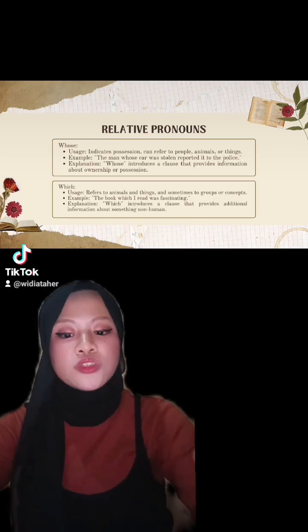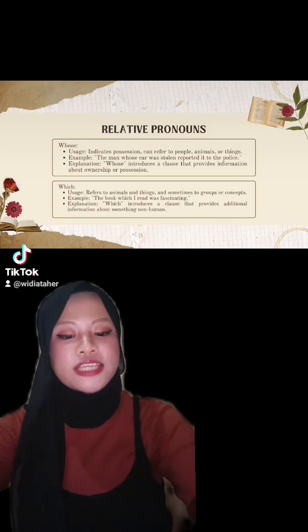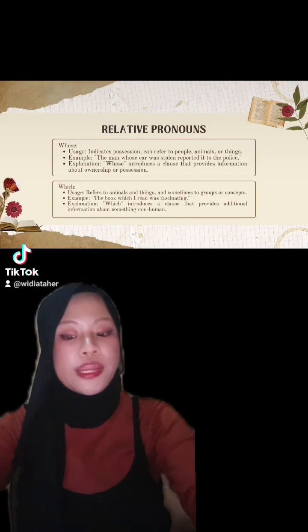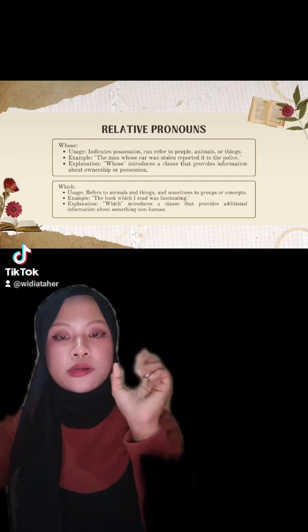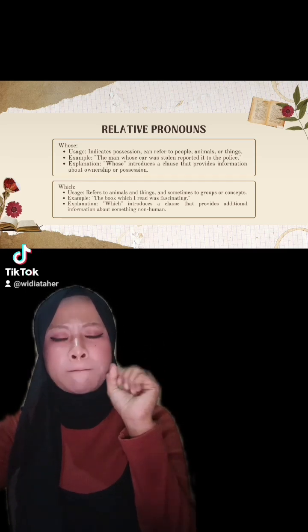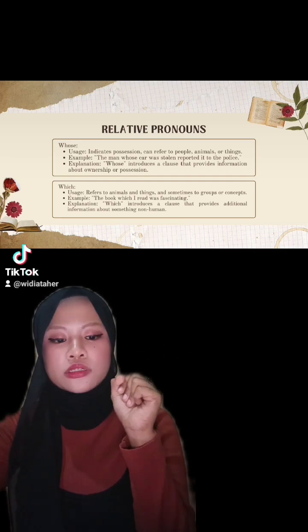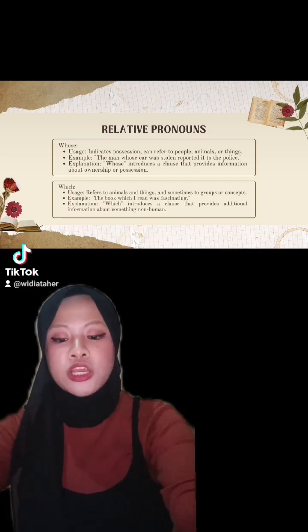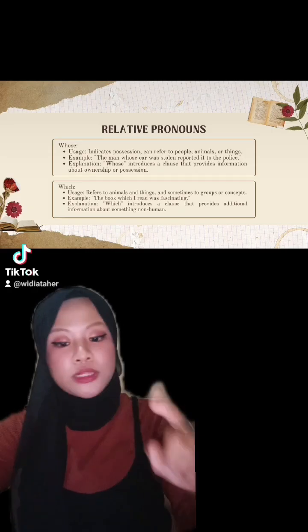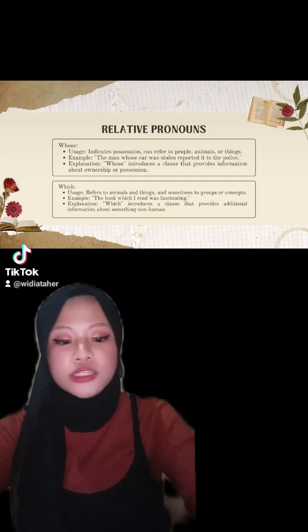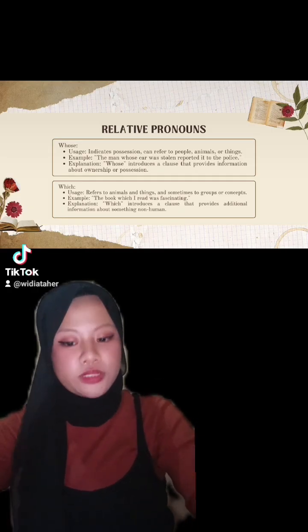The third relative pronoun is whose. Usage: indicates possession, can refer to people, animals, or things. Whose is more general or more usual. You can use it for people, animals, or things. Example, the man whose car was stolen reported it to the police.